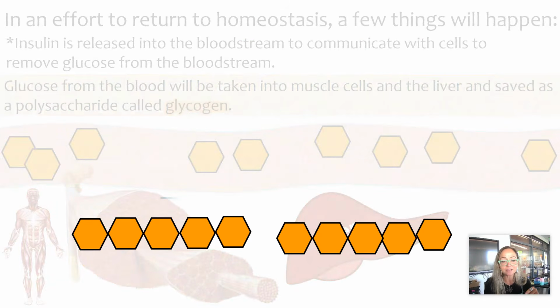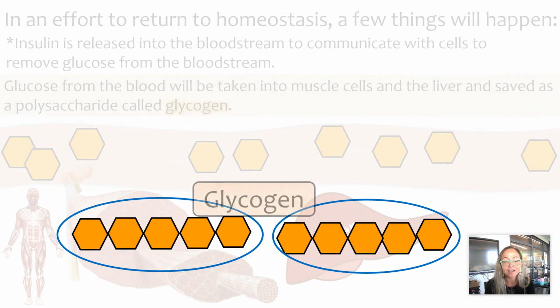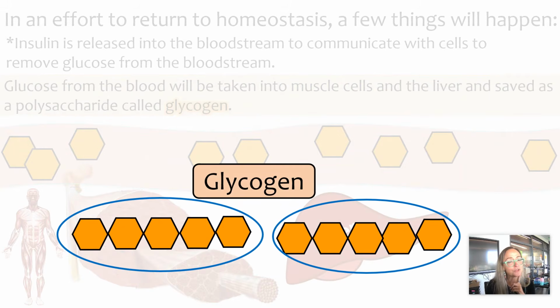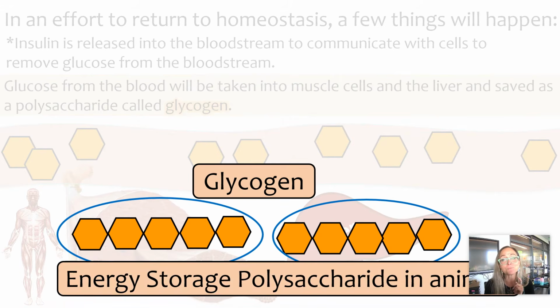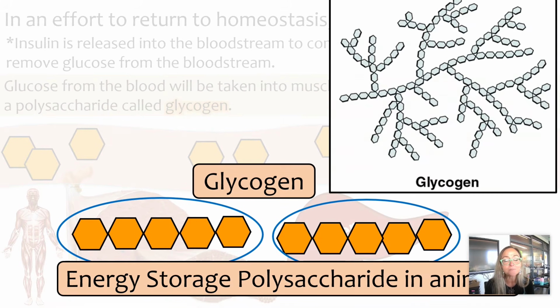So this right here is glycogen. Oftentimes people get it confused with the hormone glucagon. So this is glycogen, an energy storage polysaccharide in animals. And while I only have 5 or so glucose monomers linked together, it actually has a branched structure within our muscle cells and within our liver.